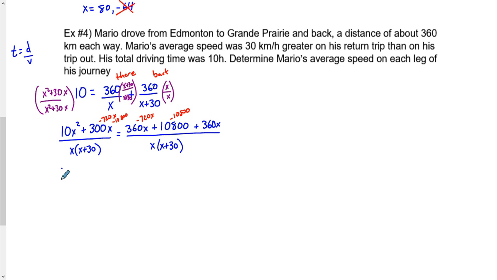We get a 10x squared, should be a negative 420x, subtracting 10,800, all over an x and an x add 30. That should equal 0.